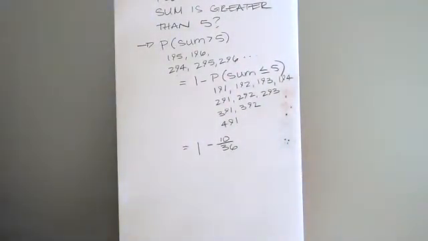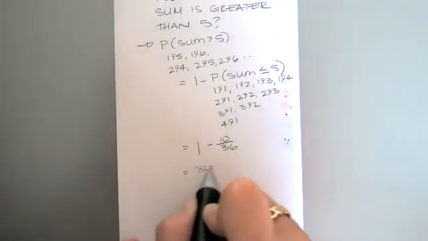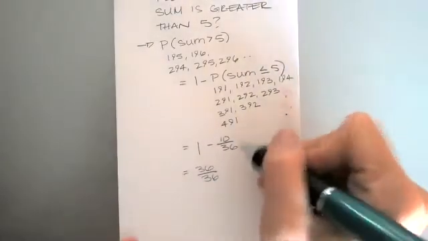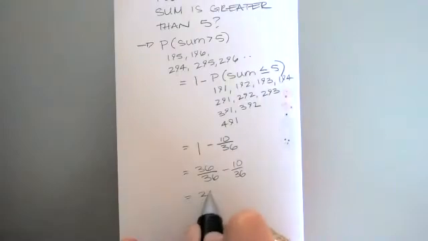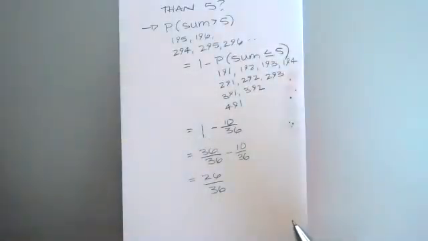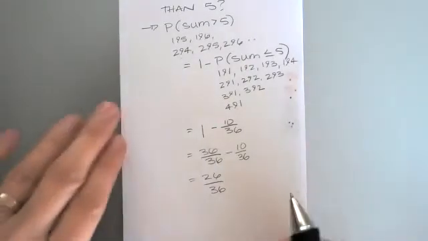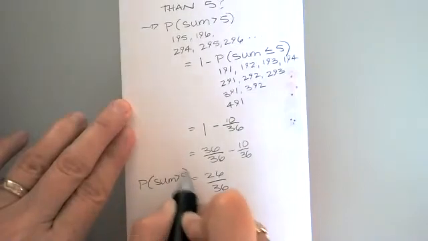Does this make sense? Yeah, that makes sense. And then you just use 36 over 36 minus 10 over 36, or you could reduce that first. So we get 26 out of 36. Yeah, and that would just be the answer, right? So this is the probability that the sum is greater than 5.